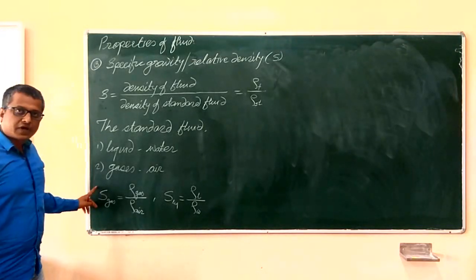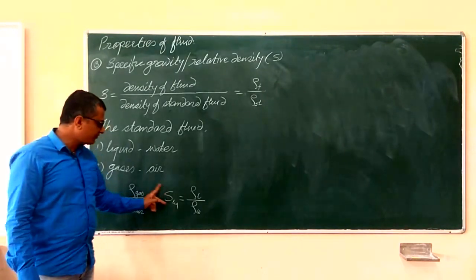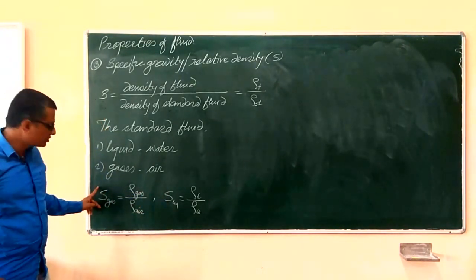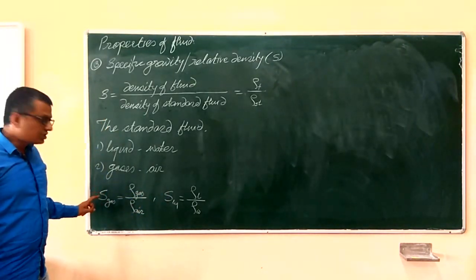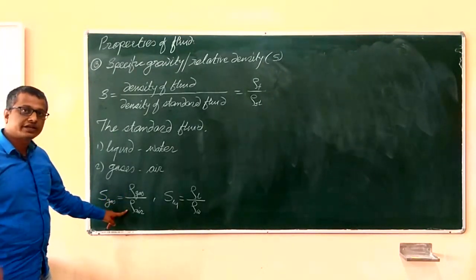So there are two separate formulas for specific gravity of gas and of liquid. For gas, it is the ratio of the density of that particular gas to the density of the standard gas, that is air.